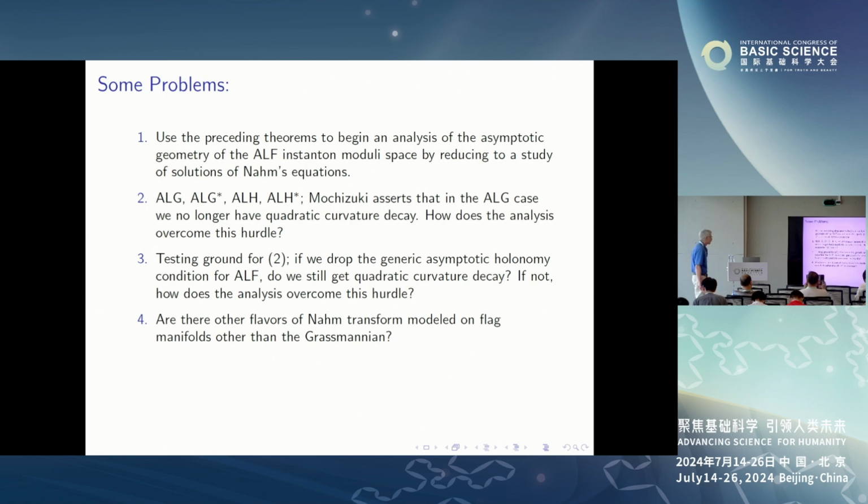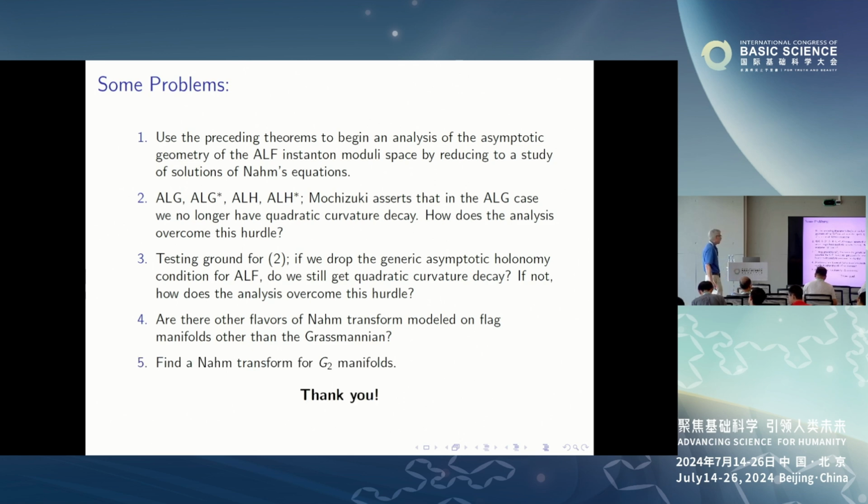Finally, the problem that was asked of me earlier: are there other flavors of Nahm transform if you replace our two-step flag of the Grassmannian with a multi-step flag? Somehow that seems like you should have some different relations among operators, or maybe some transform associated with some supersymmetric operator, I don't know.